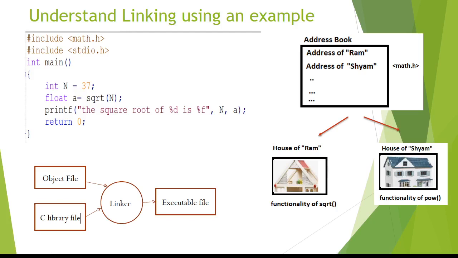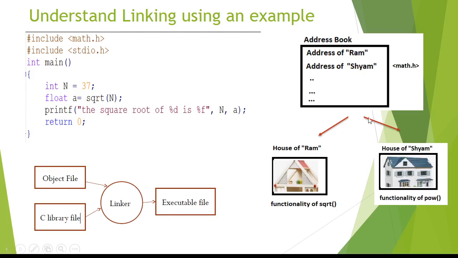So in the math.h header file, we have the information about various mathematical functions, like finding the power of a number, exponential, cosine of an angle, etc. For all these mathematical functions, some information is available over here, but the actual code is present in a different file that is called a library file.